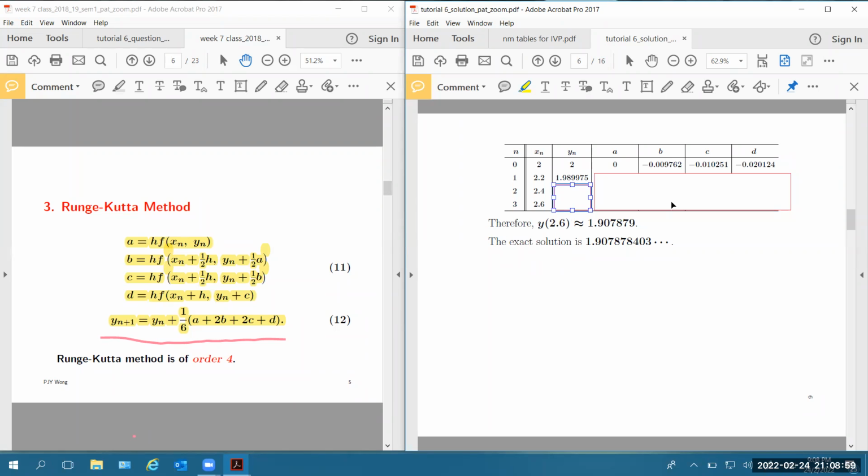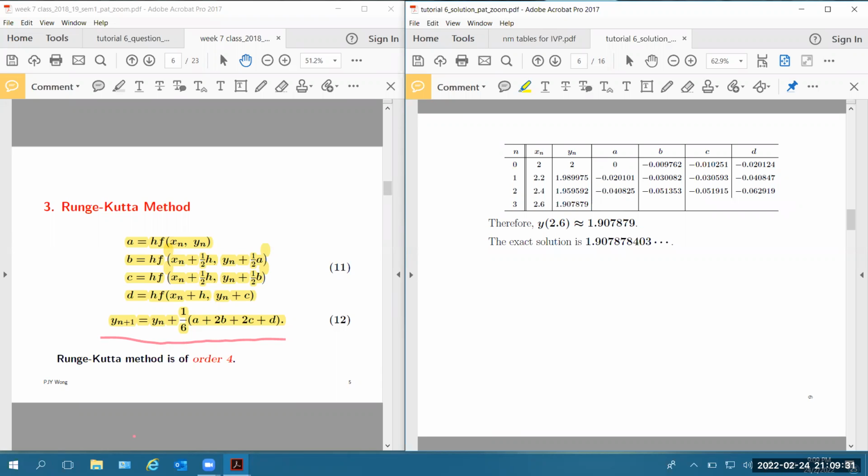Then after that, your A, B, C, D again. Then you come to here, and A, B, C, D again. Finally, you get here. What about this one? This one you don't need, so no need to calculate. So this is your y at 2.6.